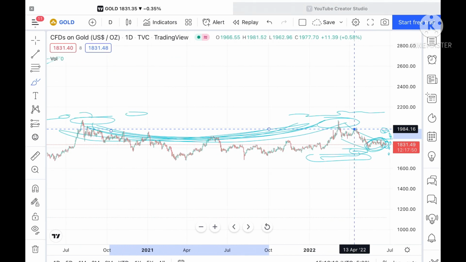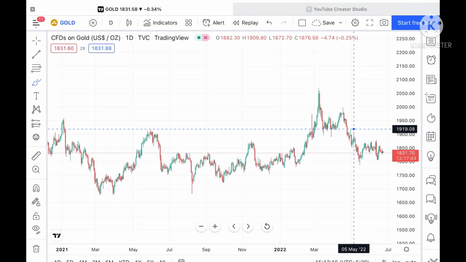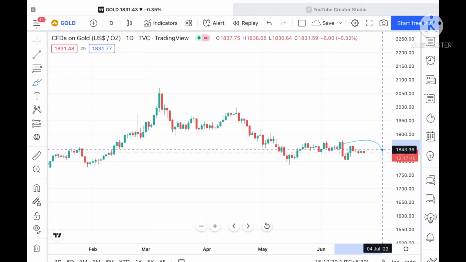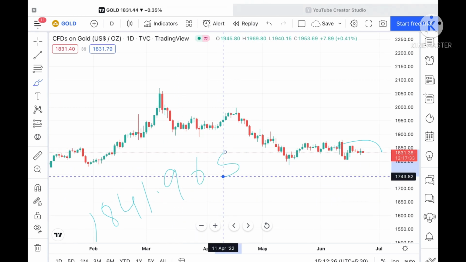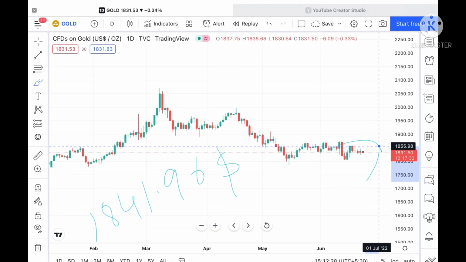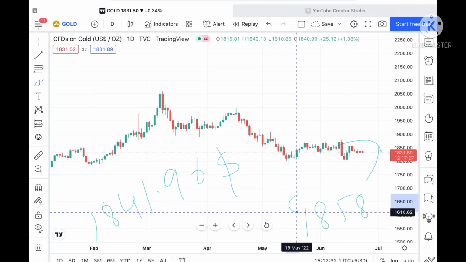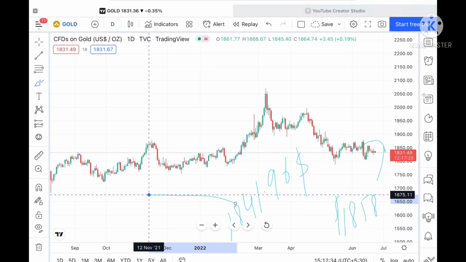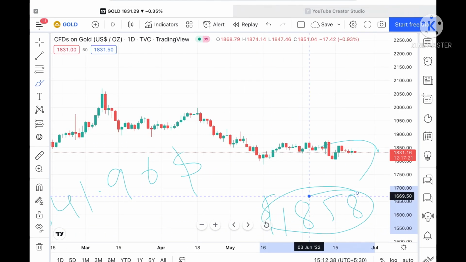Looking at the coming week, if this level sustains and goes upside, we can see it go further high towards a level of 1841.96. If 1841.96 sustains, it can move further upside towards a level of 1858.